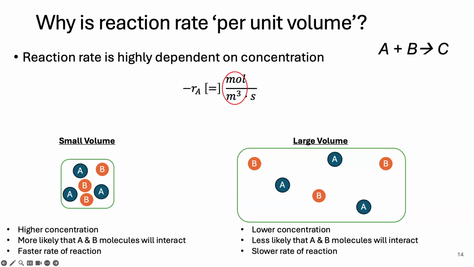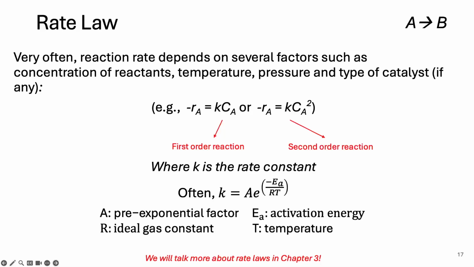So the reaction will be proceeding at a slower rate. So our reaction rate is going to depend on concentration. It's also going to depend on other factors, including temperature, pressure, and catalyst, if we are using a catalyst.